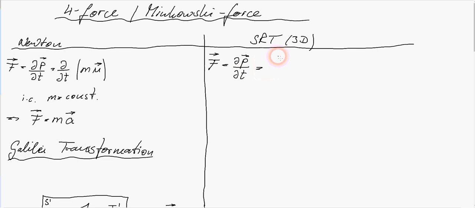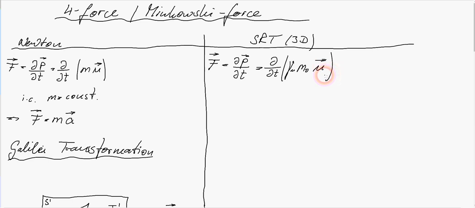And this equals the time derivative of the Lorentz factor gamma u of a moving particle with velocity u, times the rest mass m0 times velocity u. And here we have to take into account that gamma u can be a function of the time in case that u is also a function of the time.